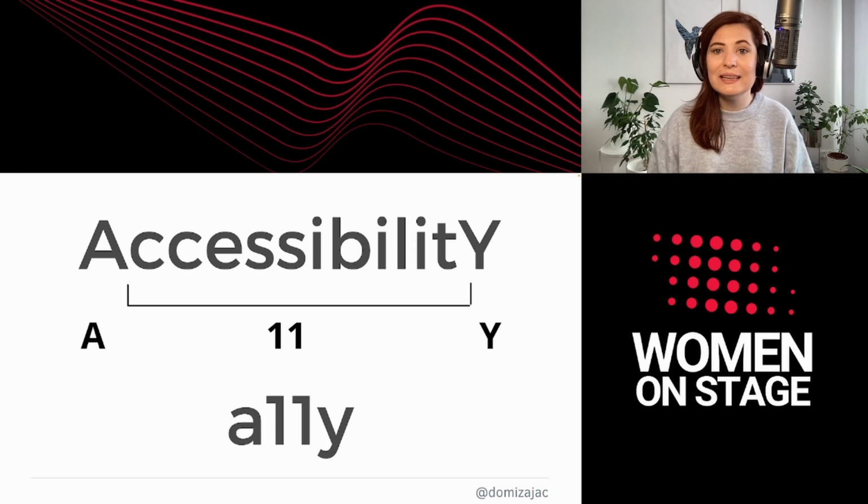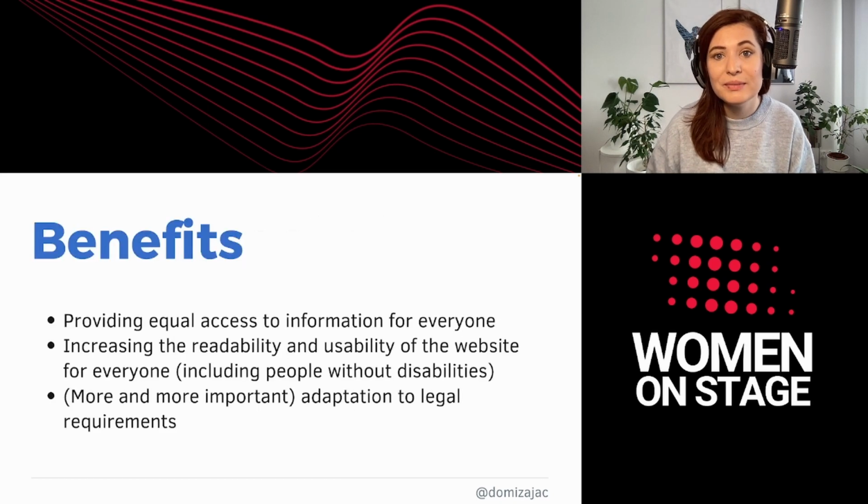You may have seen this shorter version, hashtag A11Y, which also looks like the word ally, so it's a cool connection. It was created by taking the first and the last letter of the word accessibility and counting the number of letters between them. Fun fact, this hashtag is not accessible because when you see it for the first time, you have no idea what it means.